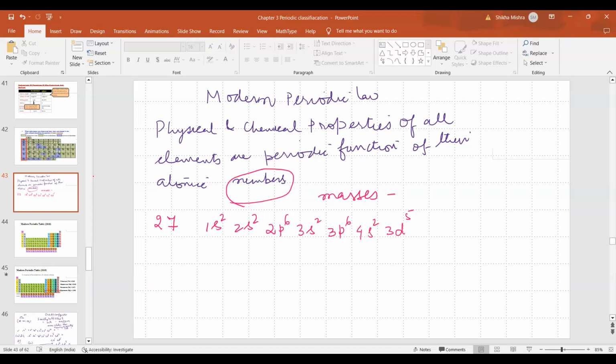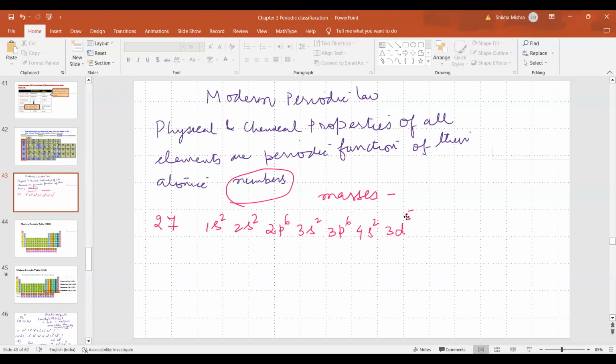Ma'am, I'm getting the same one, 3d5. I have asked for 3d6, ma'am. Sorry, 3d6. Sorry. Recheck your mathematics. It's 3d7. Ananya, what are you getting?